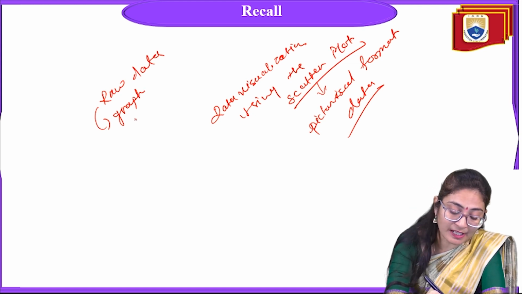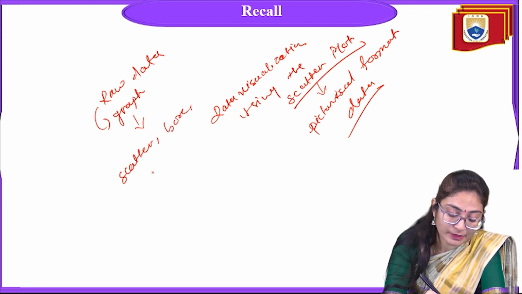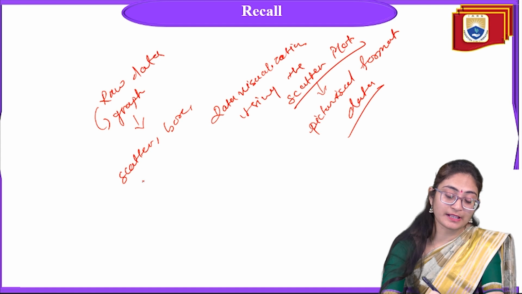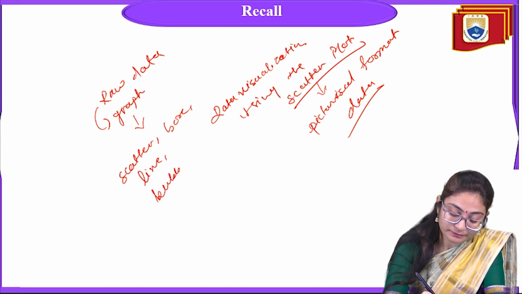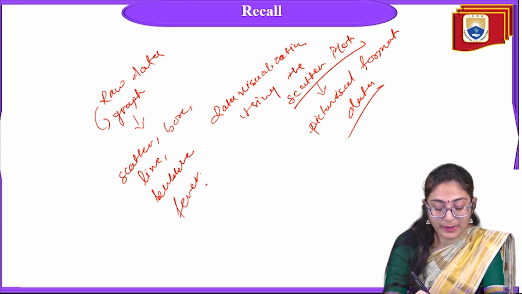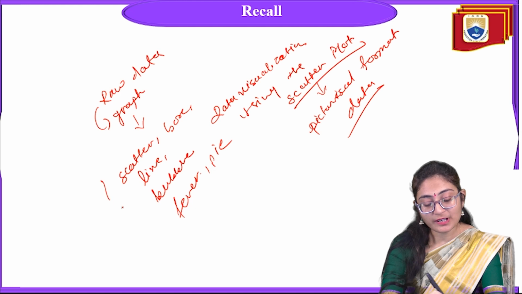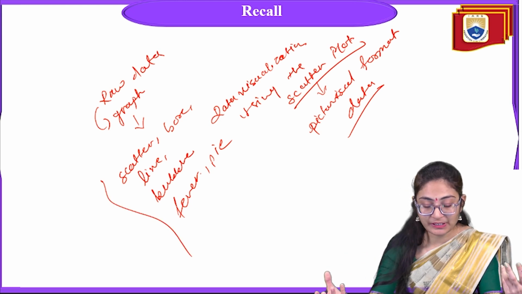And you know that graphs have so many types, like scatter plot, box plot, line chart, bubble chart, fever chart, pie chart. So many charts are there, and every chart has its own specifications.